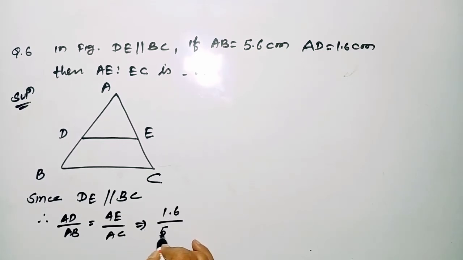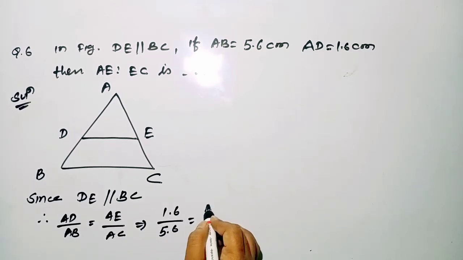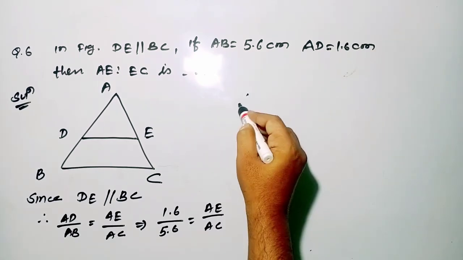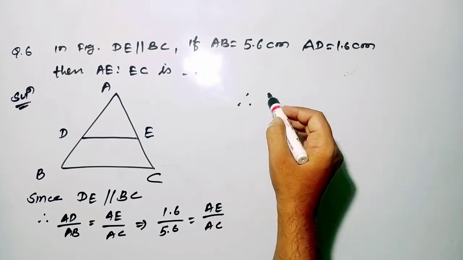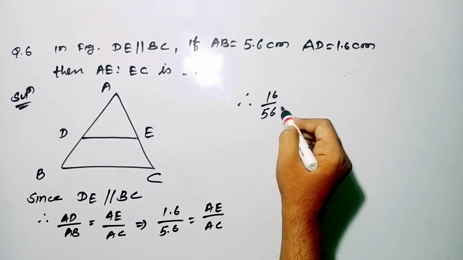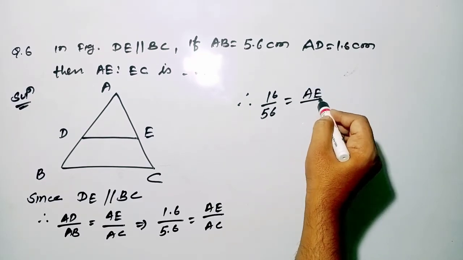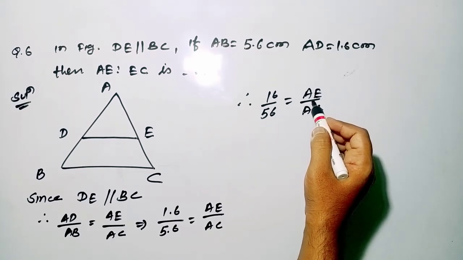So it gives 1.6 divided by 5.6 is equal to AE upon AC. So we can write this as 16 by 56 is equal to AE upon AC.